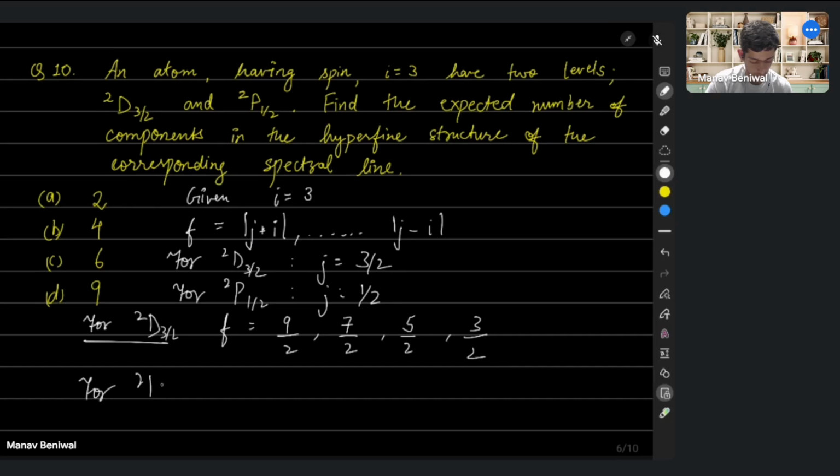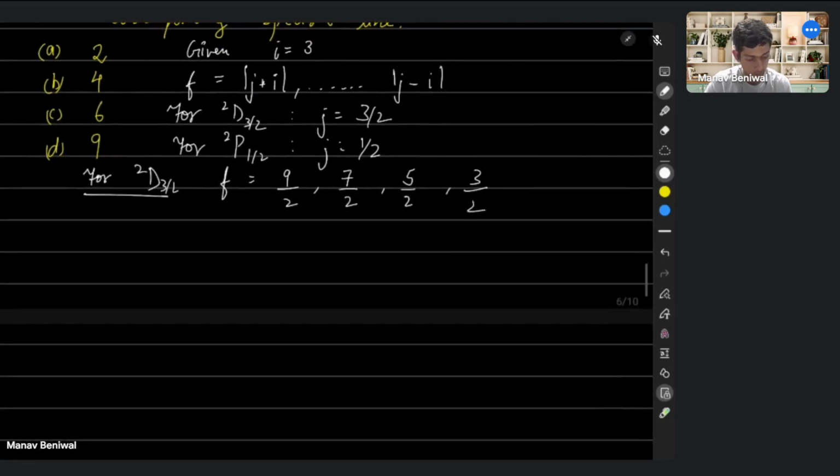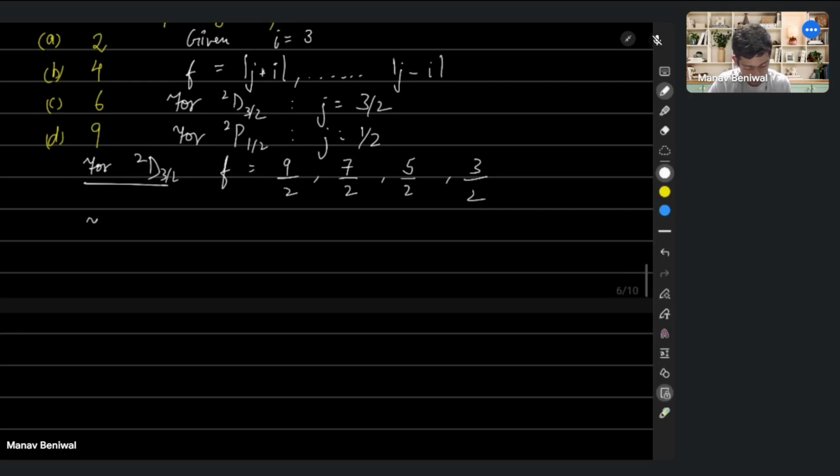Now for 2P 1/2. So here J is 1/2. So 3 plus 1/2 is 7/2, and 3 minus 1/2 is 5/2. That's it.